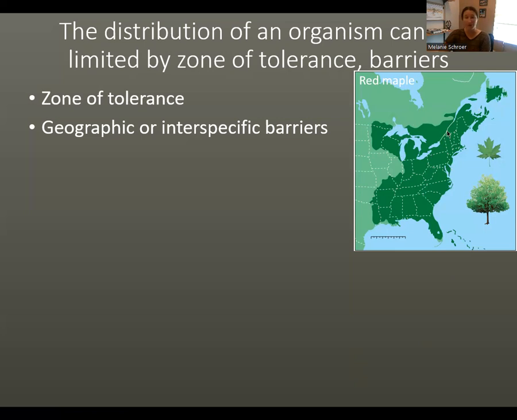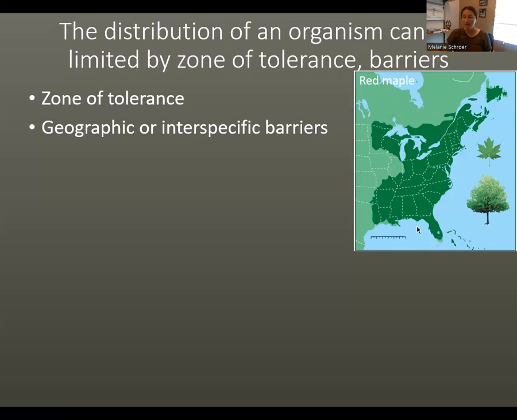And the limits are due to its zone of tolerance. And so the upper limit is largely determined by the minimum winter temperature in Canada, right? So it can only survive through the winter at a certain temperature. If it gets any colder than that, as it would up here, farther in northern Canada, then the red maple would not survive in those places.